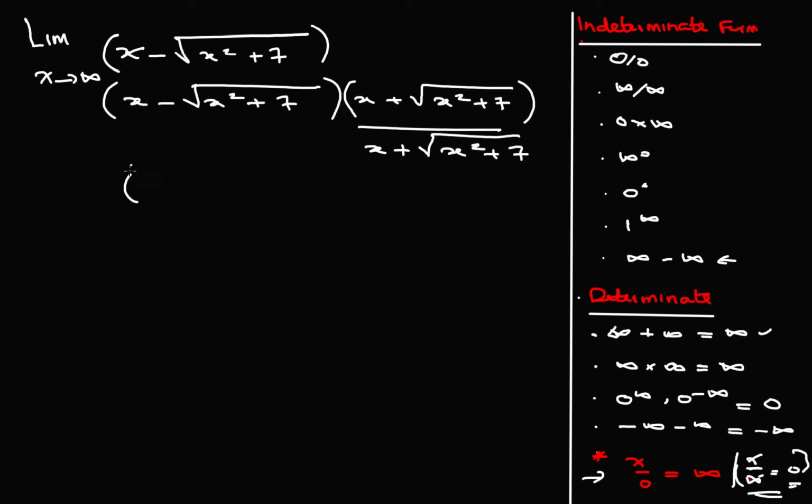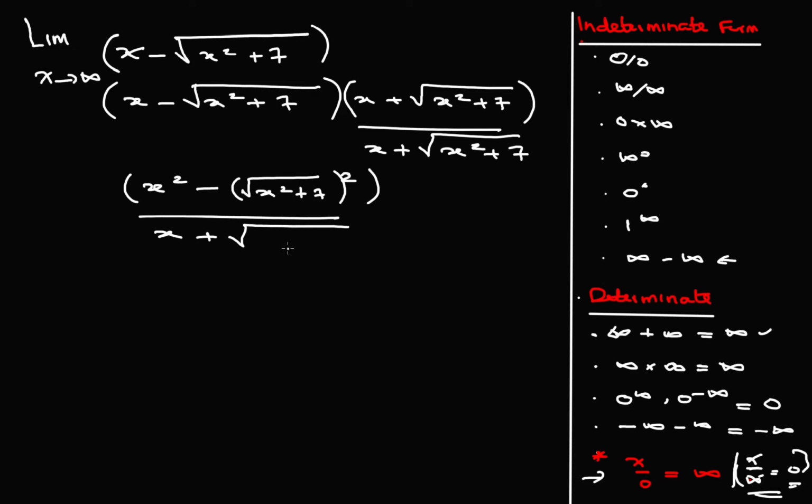Now here and there, what do we have? Here and there, this is a difference of 2 squares. So this is going to be x squared minus, I'm going to square this, x squared plus 7, and then we'll square this like that. Then we know that this now will become our denominator. So this will be x squared plus 7.